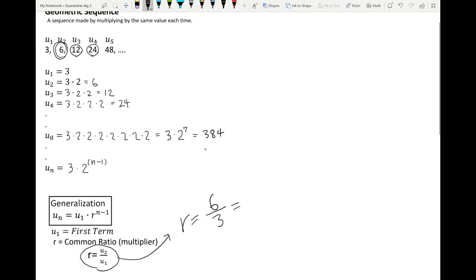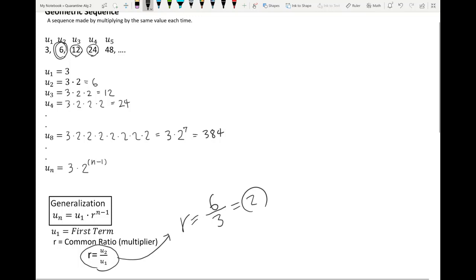So r will be 6 divided by 3, which is 2. It's kind of obvious for this one, it's multiplied by 2. But if the common ratio is not obvious, you need to do a little bit of division to figure out what r is.